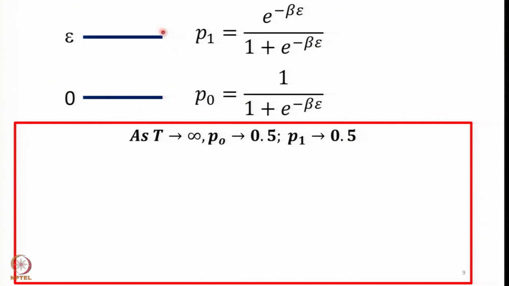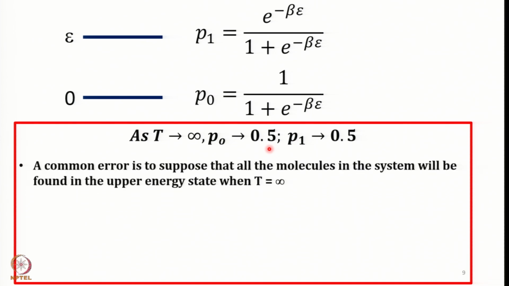Since here we took the example of a system having only two energy levels, ground state and first excited state, we observe that as temperature approaches infinity, the population of the ground state is 0.5 and the population of the first excited state is also 0.5.